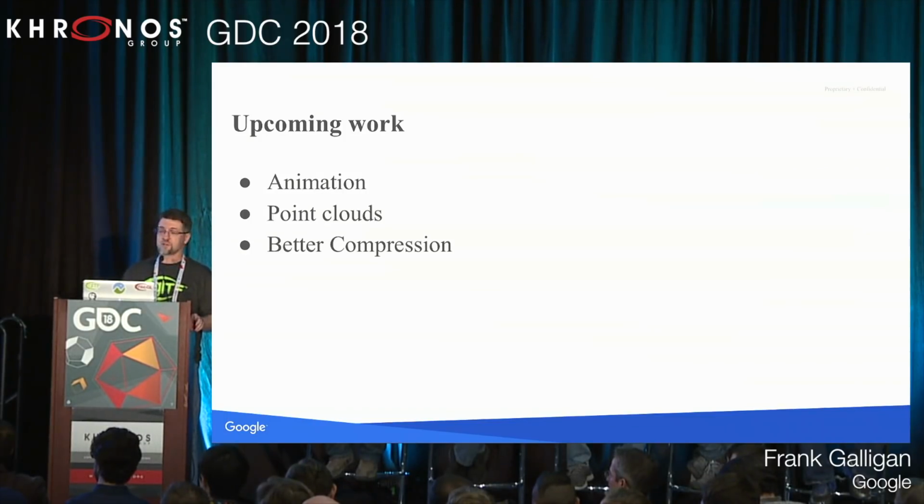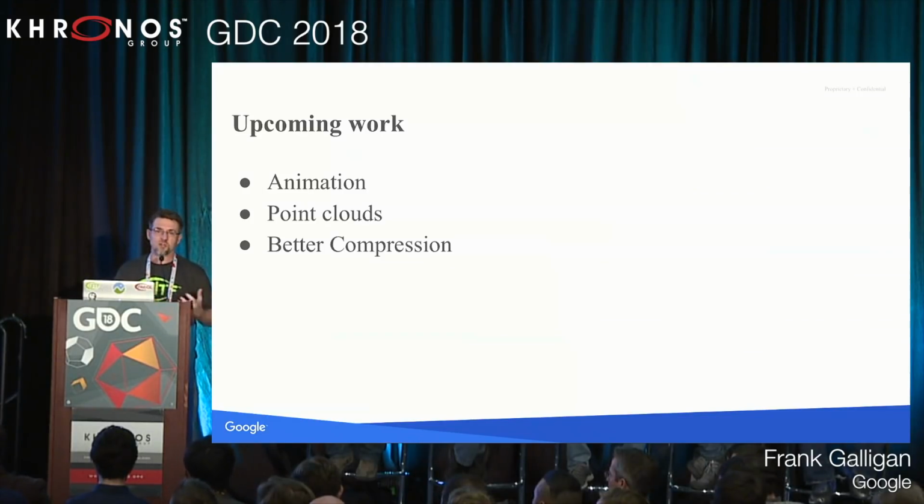Okay, this is what we're working on today. There are a bunch of models out there now that have heavy animation. So if you just compress only the mesh part of that model, the overall compression rate might be small. So we're actually working on compressing the animation in glTF files.